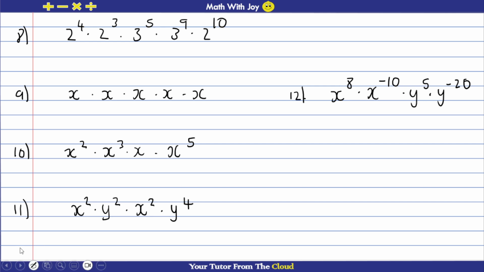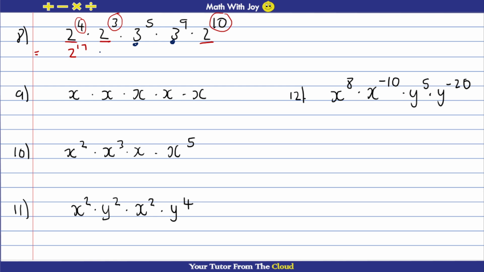Let's go over to the next question here. In this question, the 2's are multiplying each other. We just want to add the exponents of the 2's. So 4 plus 3 is 7, plus 10 is 17. So this is 2 to the power of 17. Then over here, we have the 3's multiplying each other.